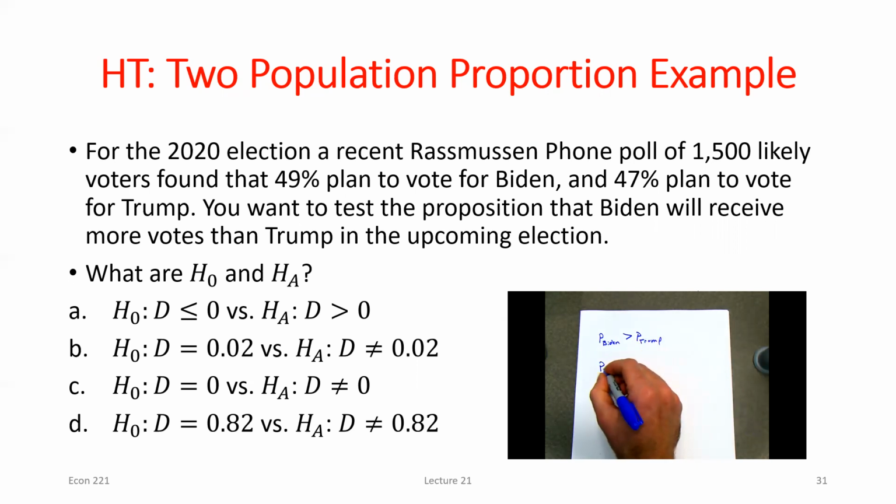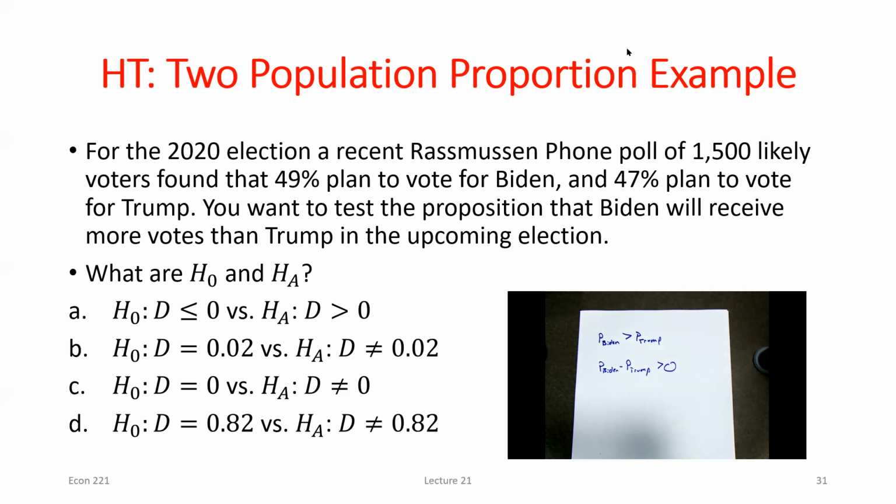Or if I'm thinking about that difference, if the proportion of people who are going to vote for Biden is greater than Trump, what I want to test is whether or not that difference is greater than 0. Or I could rearrange things so that I have it written out in terms of my difference, and I would see the same thing: I'm trying to test whether that difference is greater than 0. So that's my alternative.